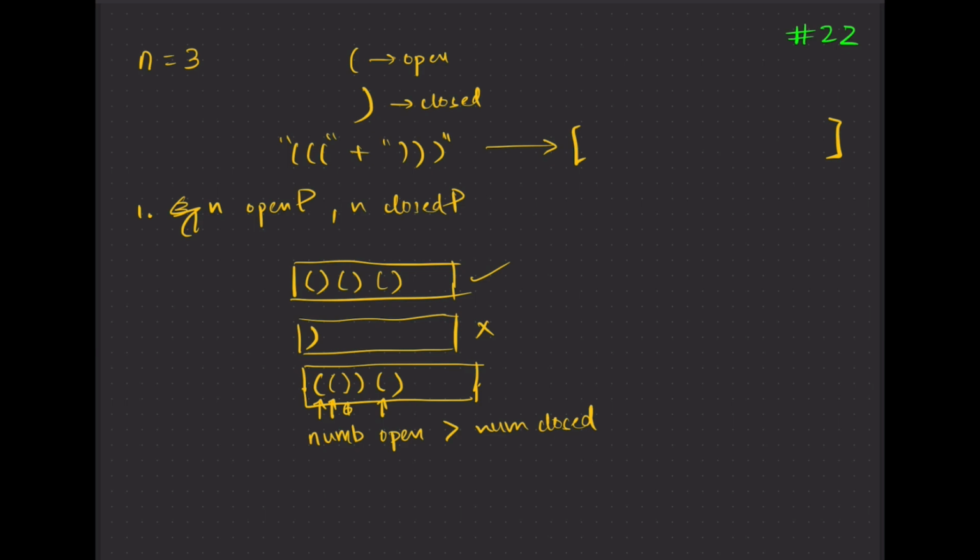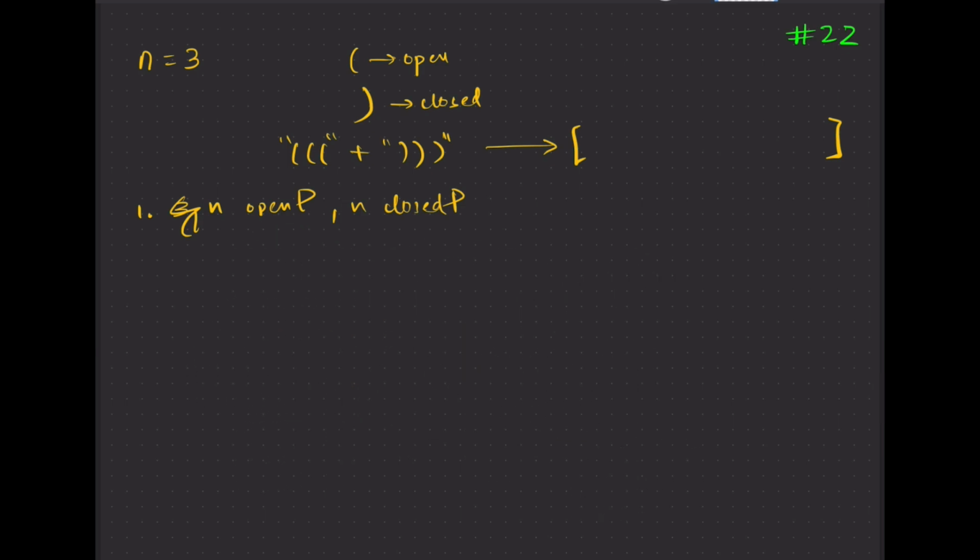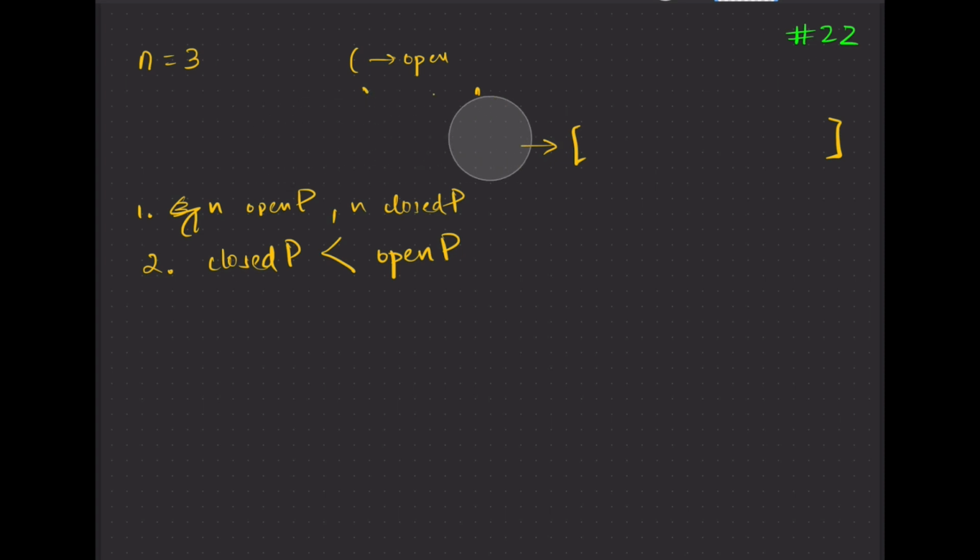So that means our second rule should be closed parentheses are always less than open parentheses, at the point of insertion at least. And those are only two rules for now. We will see if there are any other rules that we have to follow.